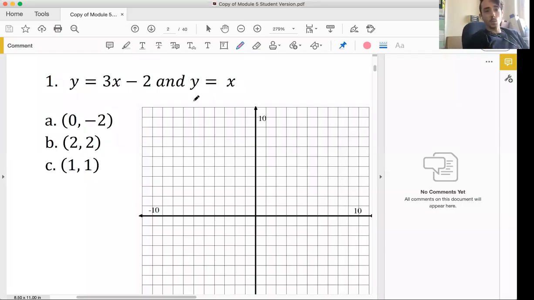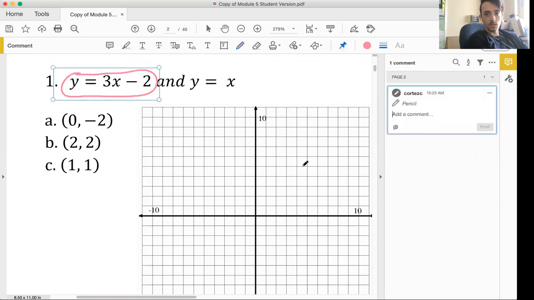All right, we're here. We've been graphing these for quite a bit, so I'm just gonna hop straight in. I'm gonna use this color for this line, and I'll switch up the color for the other one. So this has a y-intercept of -2, and our slope is 3, so I can go over 1, up 3.